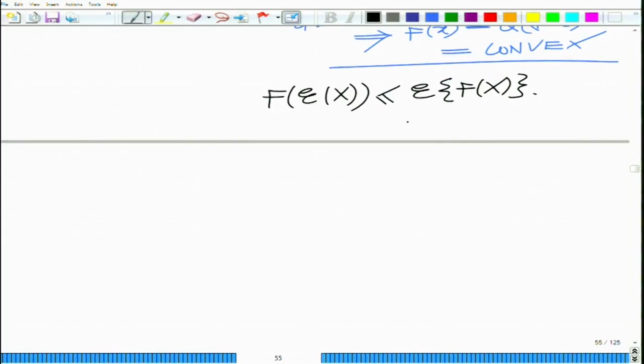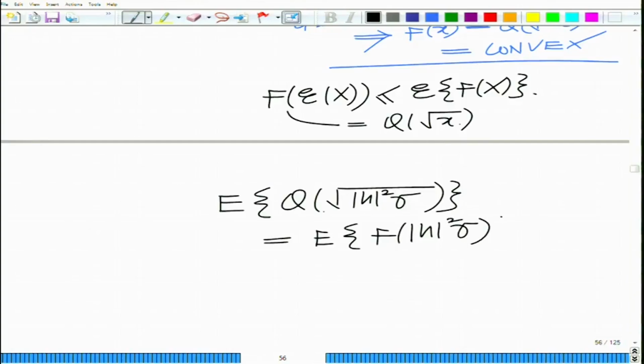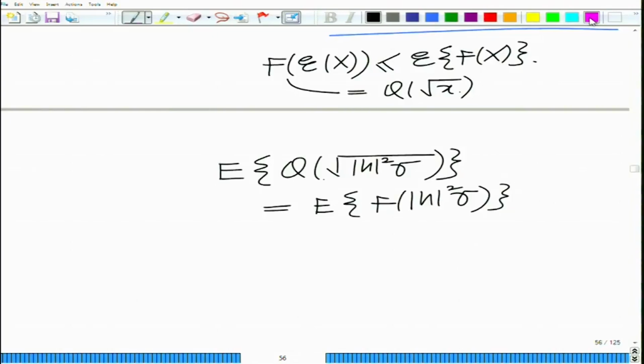Now, this implies that if you look at our function f of x equals Q of square root of x, your expected value of Q of square root of your SNR for the wireless channel, which is magnitude h square gamma, which is nothing but your expected value of f of x, is greater than or equal to the function of the expected value of magnitude h square gamma.